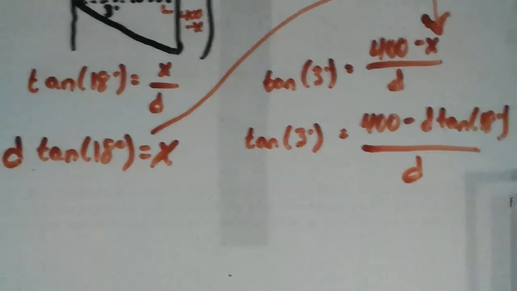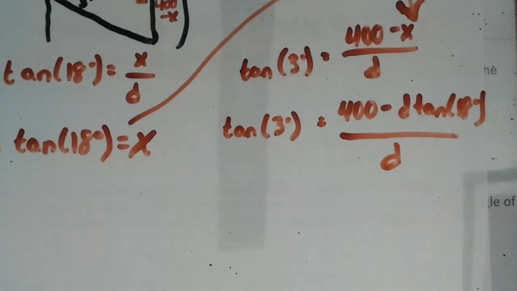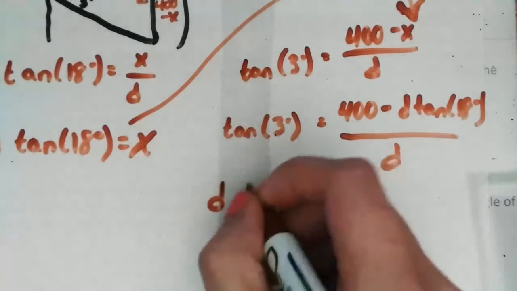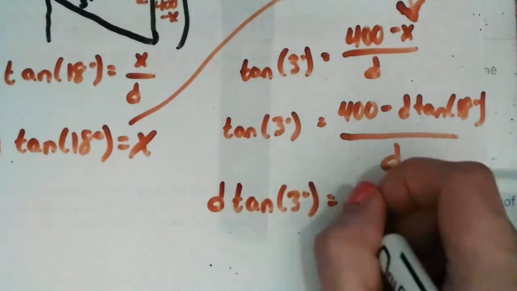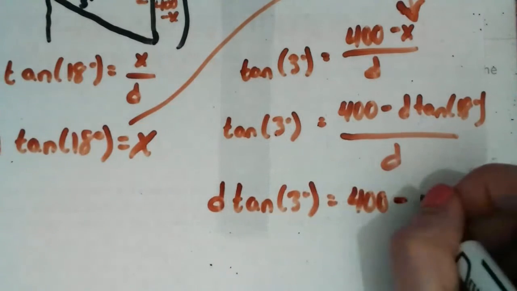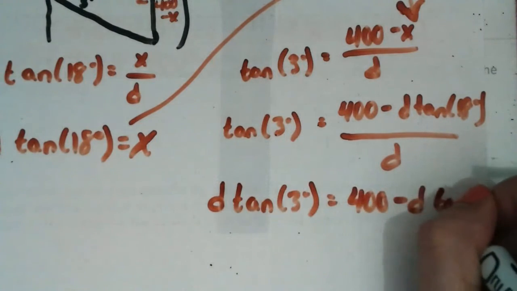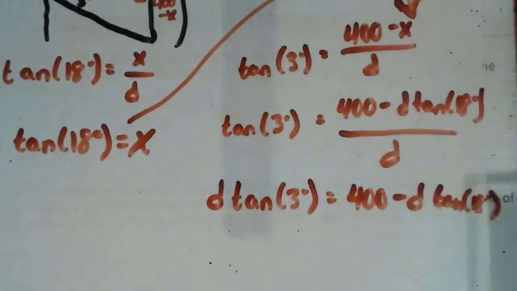And that's all over D. So I've just replaced what X is. I'm trying to solve for D, so I'll go ahead and multiply my D over to the other side. So we have D times the tangent of 3 degrees is equal to 400 minus D times the tangent of 18 degrees.